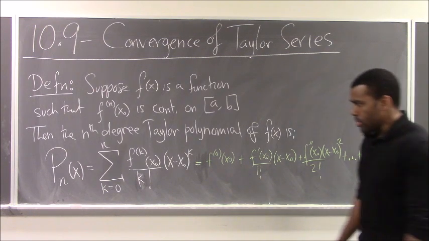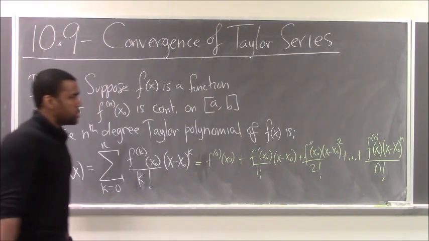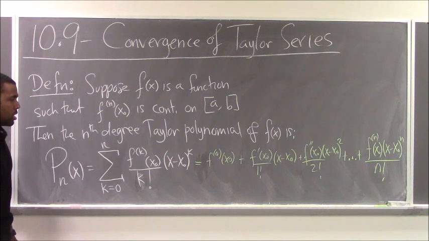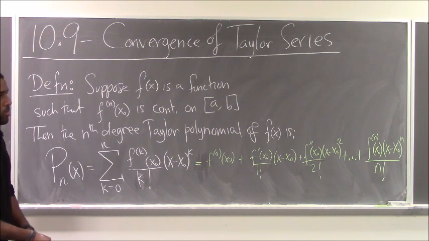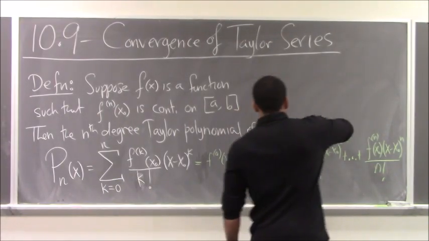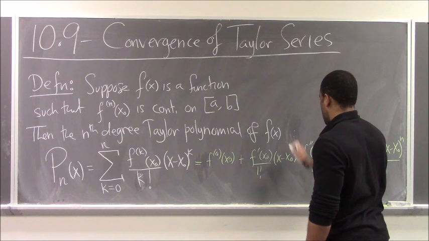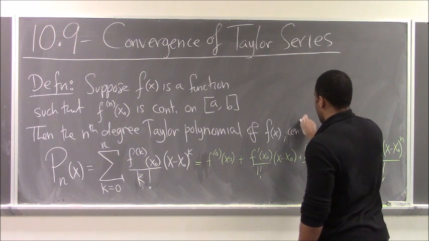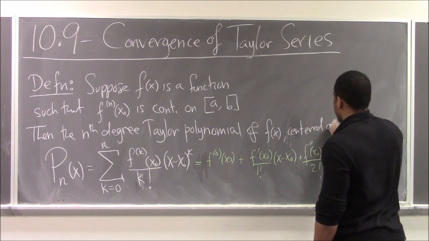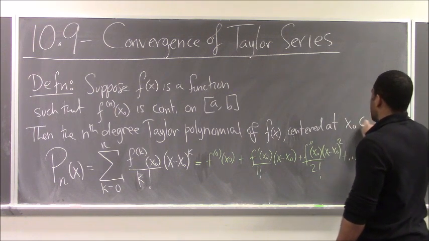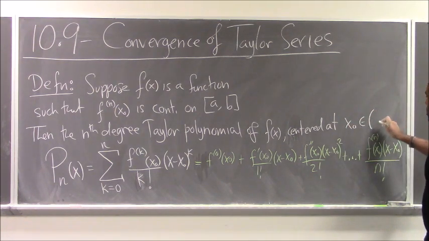So if you just take the first n terms of the Taylor series, we call that the nth degree Taylor polynomial of f of x. You can say it's centered at x naught. And x naught is just some number in the interval AB.